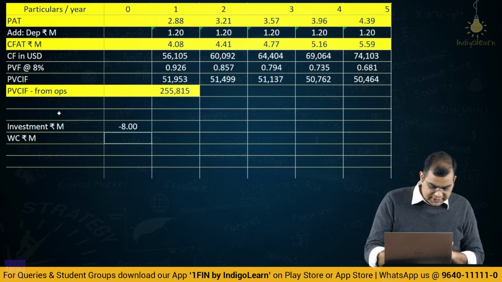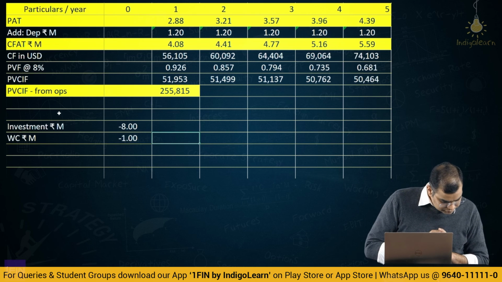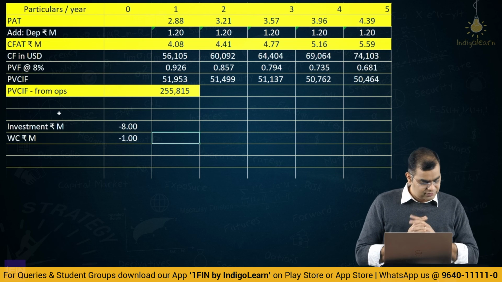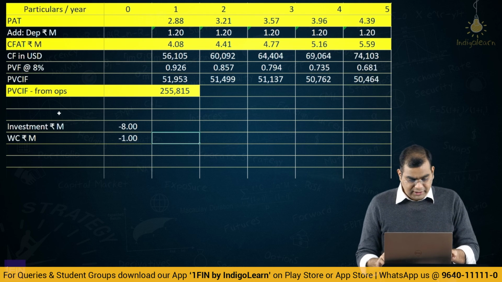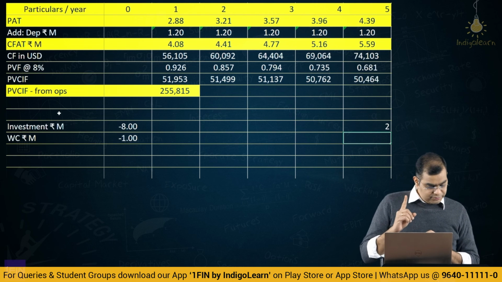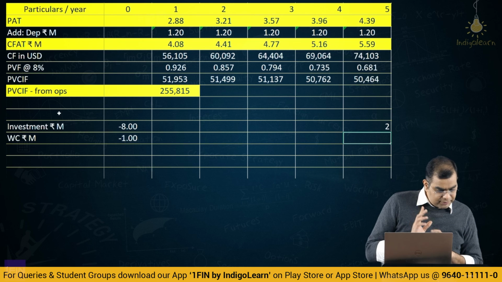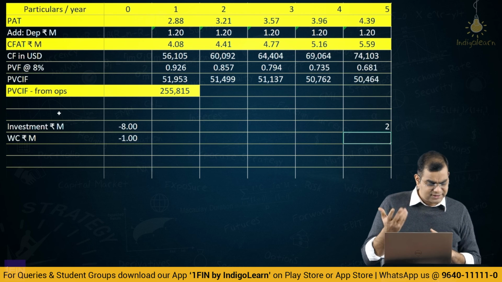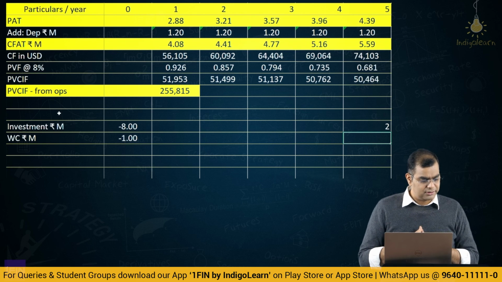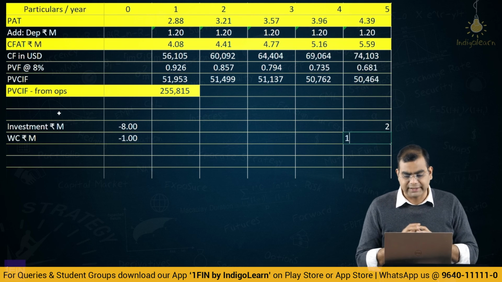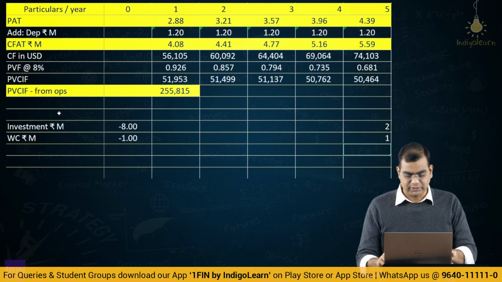They said that additional work would require a one-time additional working capital investment of 1 million. Then you are recouping 2 million after 5 years because you are able to salvage the manufacturing plant, whatever its salvage value is, 2 million, and you will also get back the 1 million you initially invested in working capital.